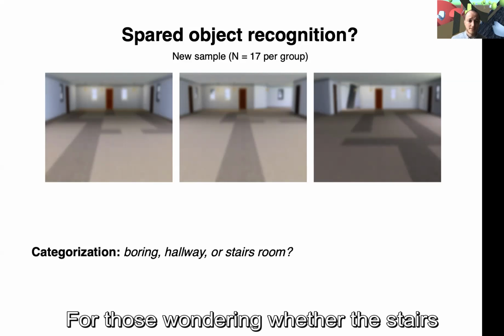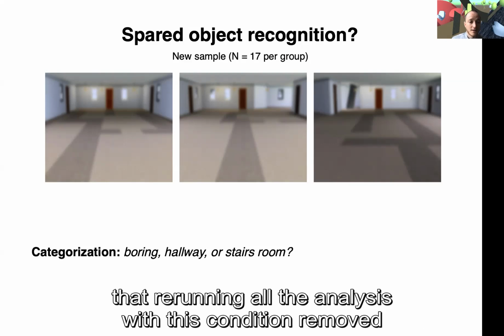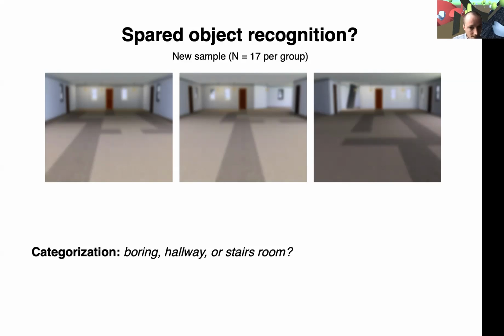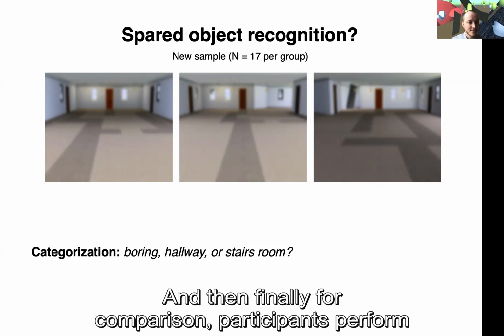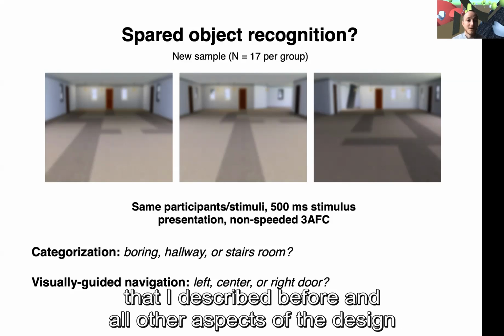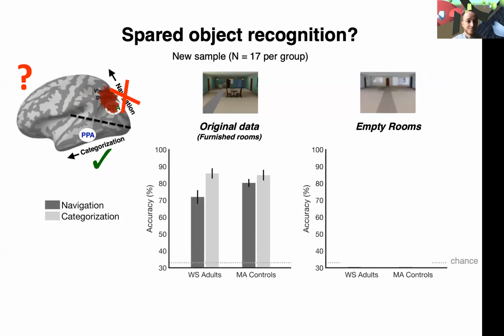For those wondering whether the stairs are an object or part of a scene, I'll tell you ahead of time that rerunning all of the analyses with this condition removed doesn't change the results. And then finally, for comparison, participants performed the same visually guided navigation task that I described before, and all other aspects of the design for this experiment were the same as in the previous experiment.